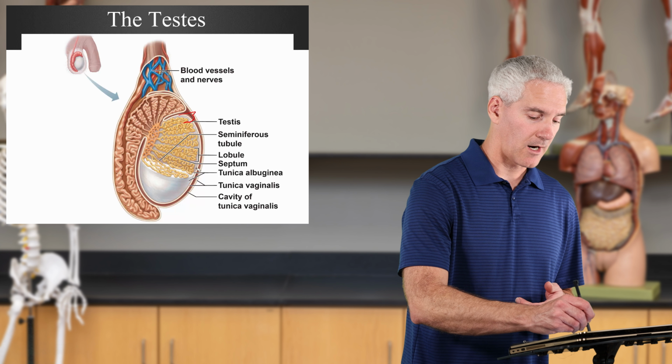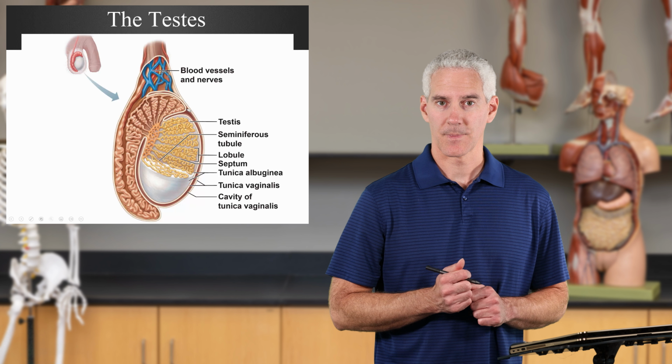Now those lobes are divided by the septa we mentioned, but every one of those lobes, every one of those seminiferous tubules is going to go back to what's called a straight tubule. The straight tubule is this back portion at the end of each one. It feeds into what's known as the rete testis. That's this structure.